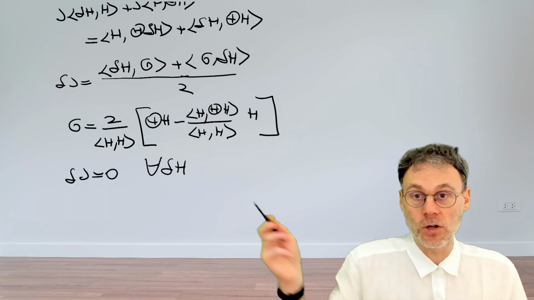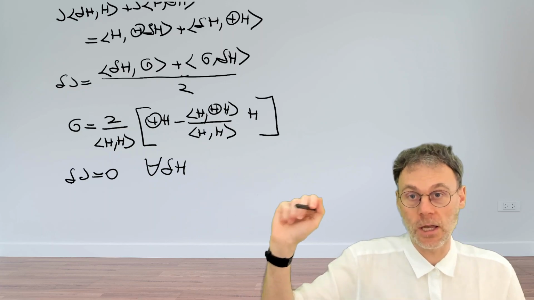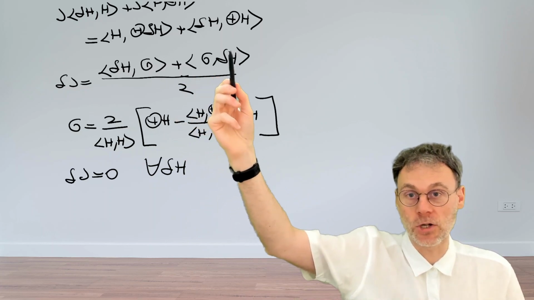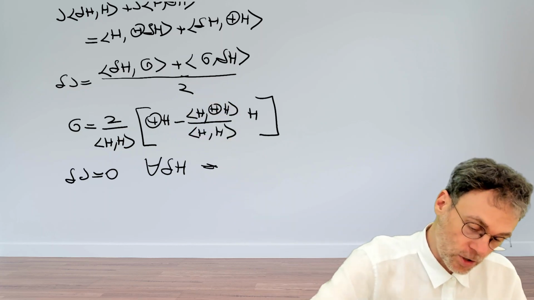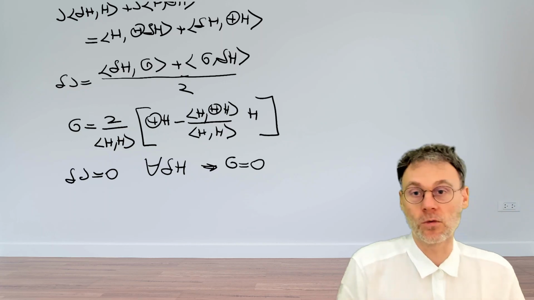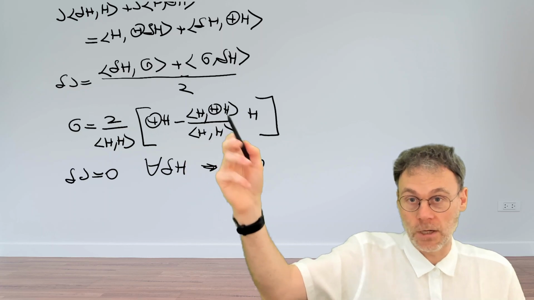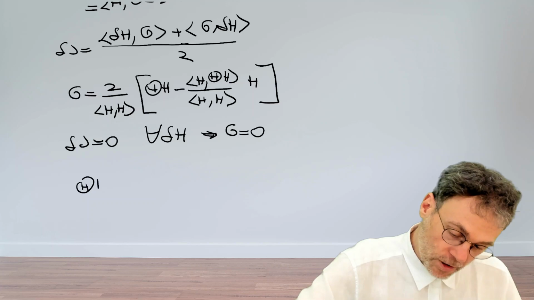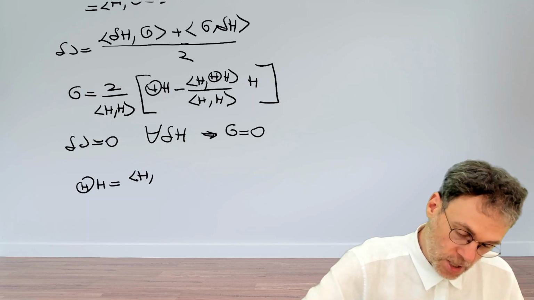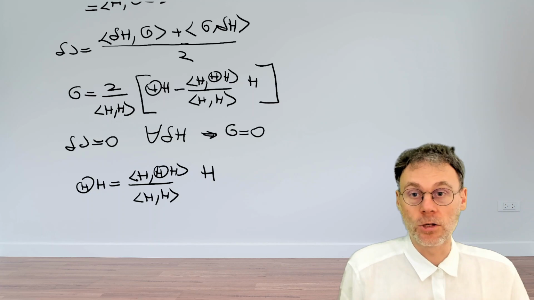Now, if delta J should be equal to 0 for all possible variations around our solution H, then looking at this expression, you see that the only way to satisfy that is by making sure that the new quantity that we introduced here, this G, should be equal to 0. Looking at this expression, then it's easy to figure out under which circumstances that happens, namely if theta H is equal to theta H divided by H. So what's happening here?